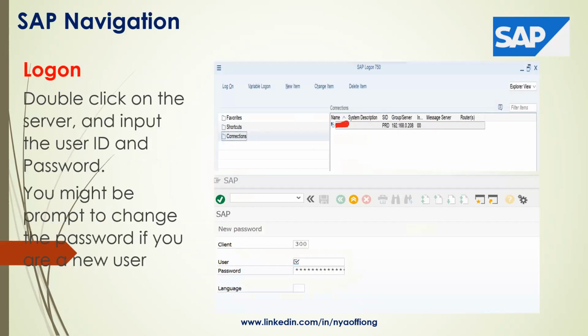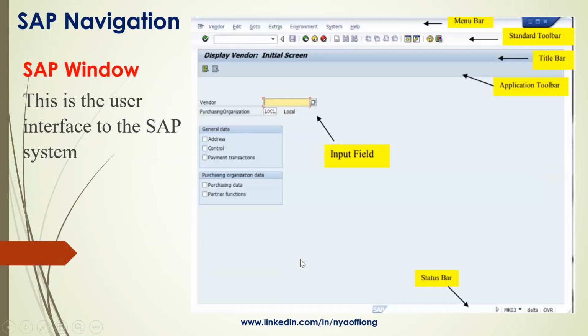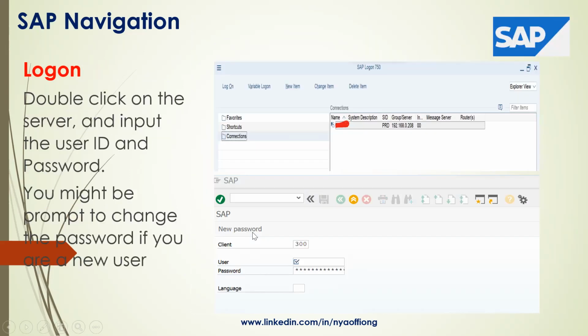So, SAP navigation. You double click on the SAP server icon. When you double click on the server, it will take you to the screen to input your user ID and your password.